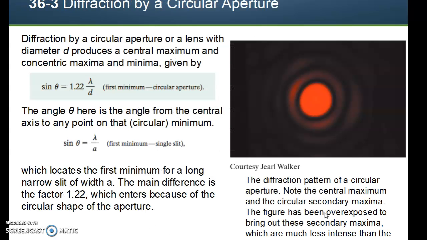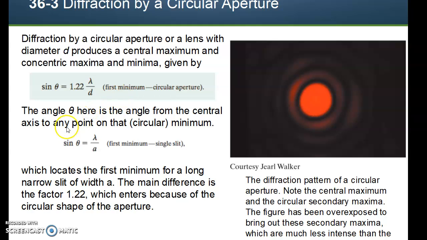Now we're going to talk about diffraction by a circular aperture or lens with a diameter d. It's going to be this equation right here. Concentric maxima and minima are given by sine theta equals 1.22 lambda over d for the first one.